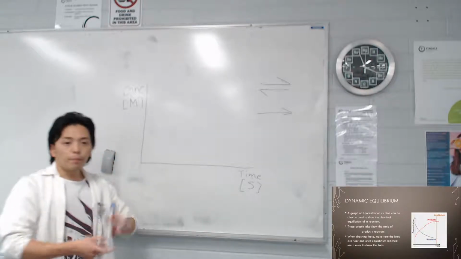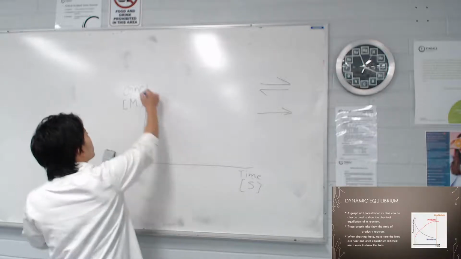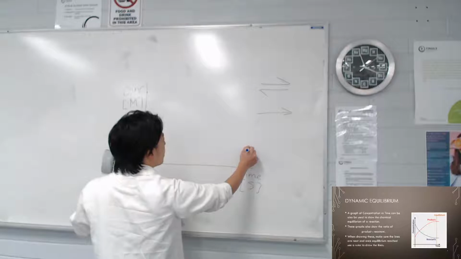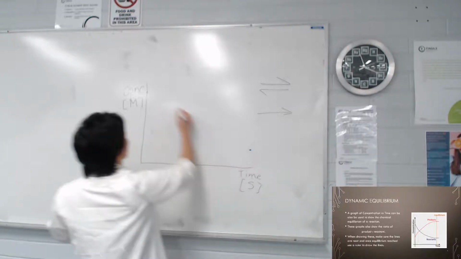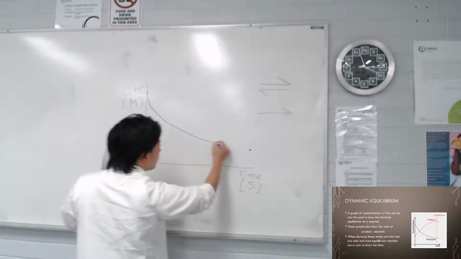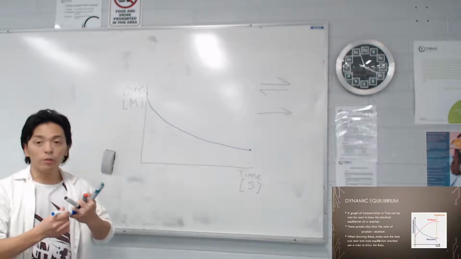Okay, now if you had a certain amount of reactant, you would start with that point and might end up around here. Start fast, and then the curve or the slope should go down because the rate of reaction should decrease.